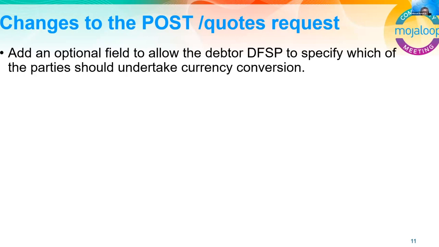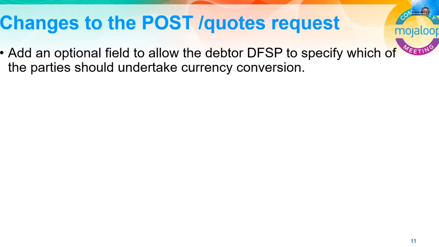On the debtor parties side. However, it's possible that a customer might say, I want to send 10,000 Malawian kwacha to this customer, and I want them to receive that amount.